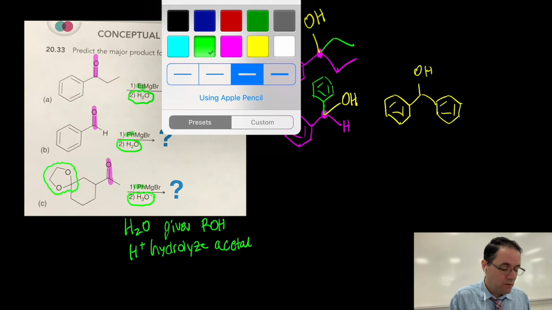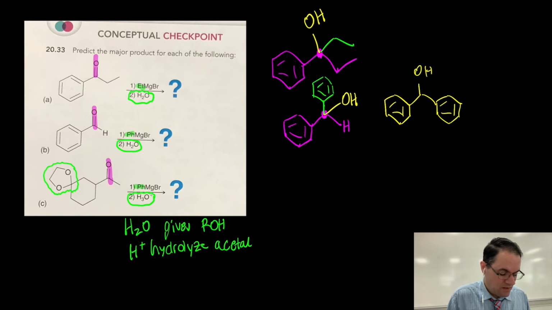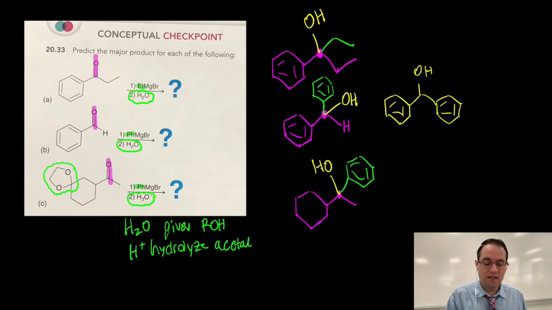So what we want to do is sketch this out. We draw this 6-membered ring. There's a methyl group attached to that carbon. We draw the alcohol as usual, and we draw our phenyl group that we're adding as usual. So it kind of looks like problem B here. We're adding phenyl, and the ketone changes to an alcohol.